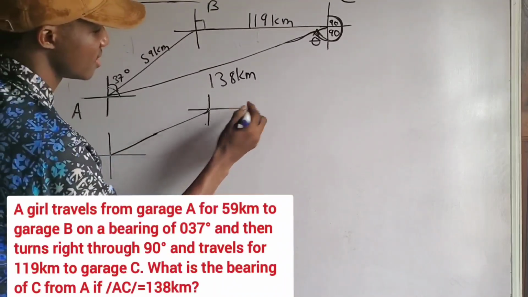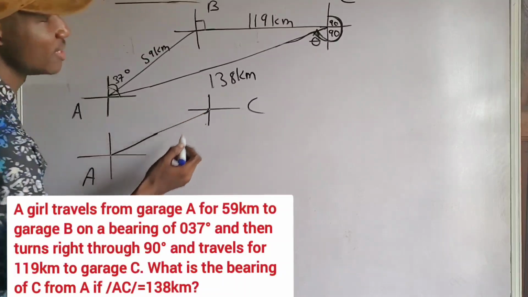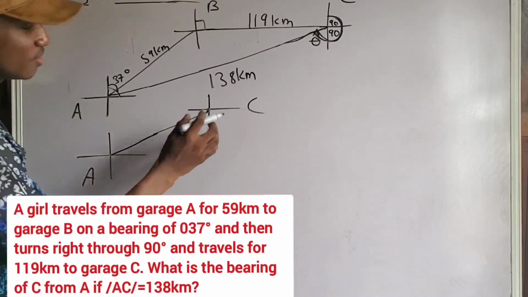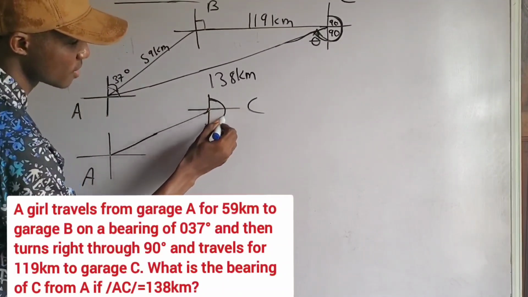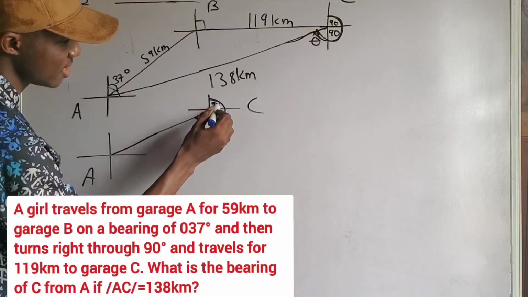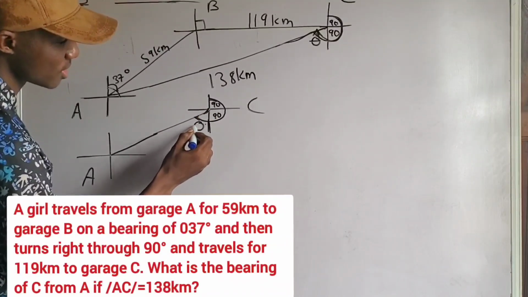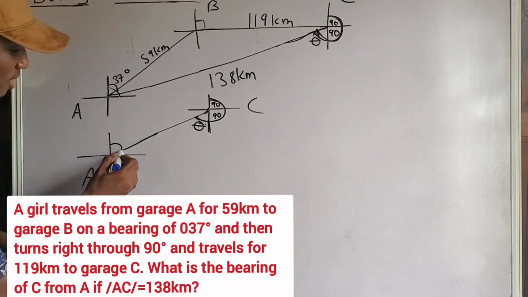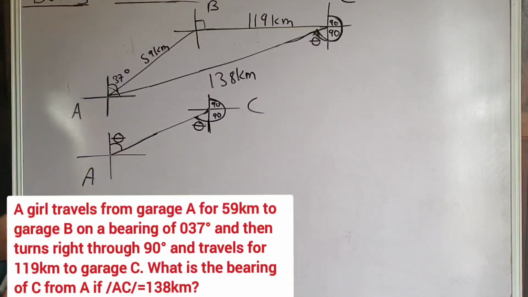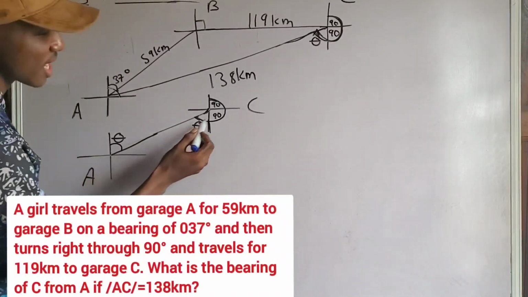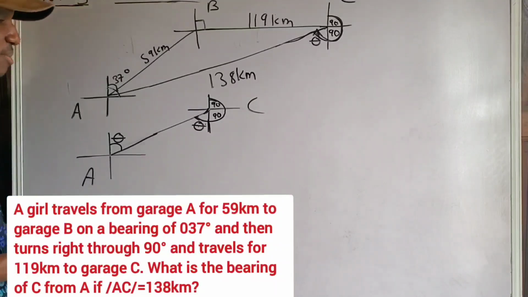The bearing of A from C will be the sum of the angle from this point to this point, and this is 90. This is 90. So we need this angle, which is theta. This theta that you see here is alternate to this angle. So if I know this angle, I can just add 90 plus 90 plus theta to get the bearing of A from C. That's what I'm trying to explain.